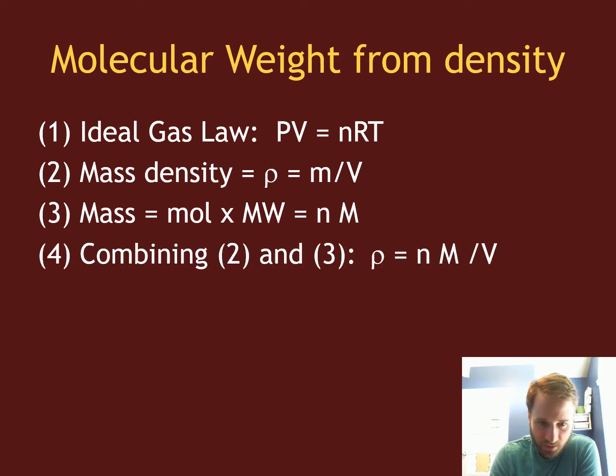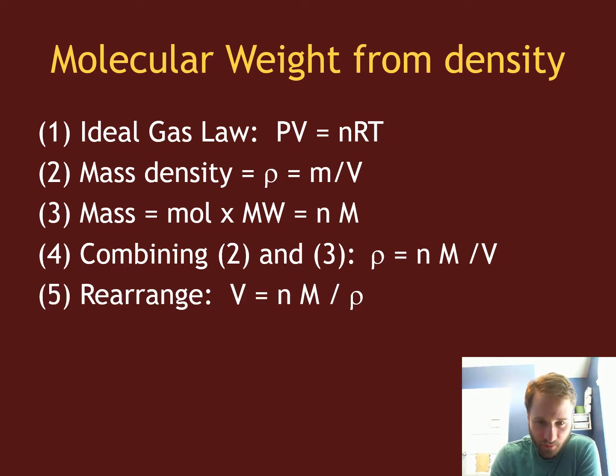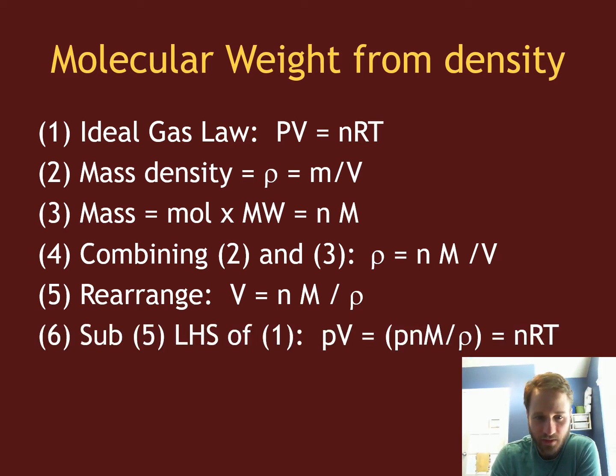So if I combine equations 2 and 3, I get that the density is equal to the number of moles times the molecular weight divided by the volume. If I rearrange that in terms of the volume, volume equals the number of moles times the molecular weight divided by the density.